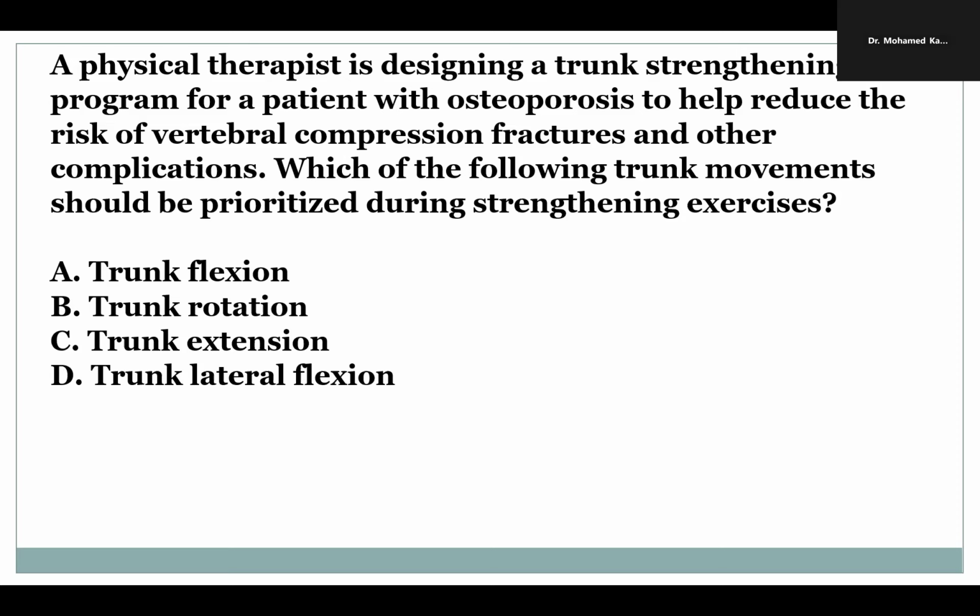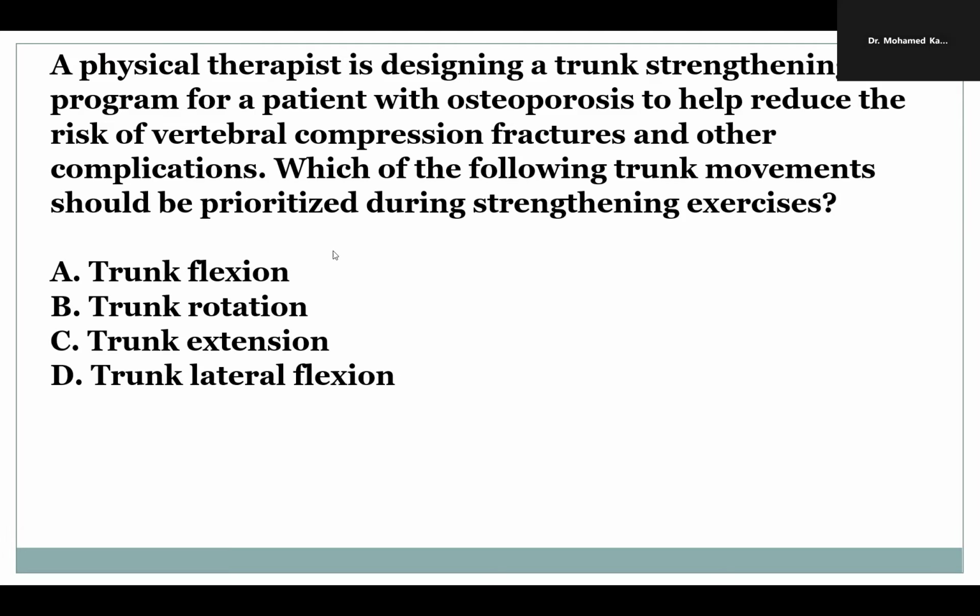So when we are designing trunk movements, which one should we prioritize during strengthening exercise? Option A, trunk flexion. Option B, trunk rotation. Option C, trunk extension. Option D, trunk lateral flexion.